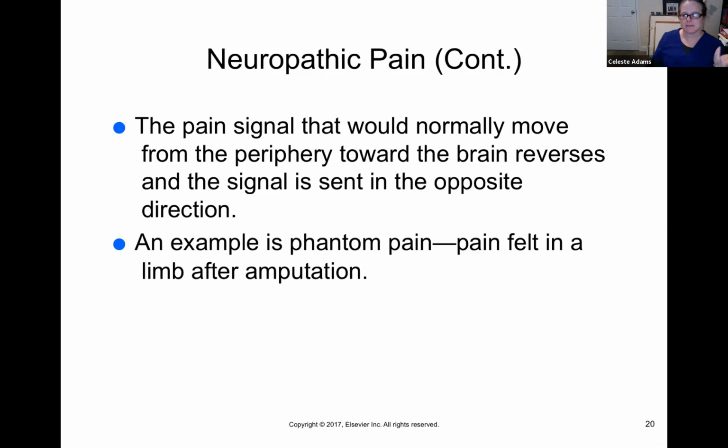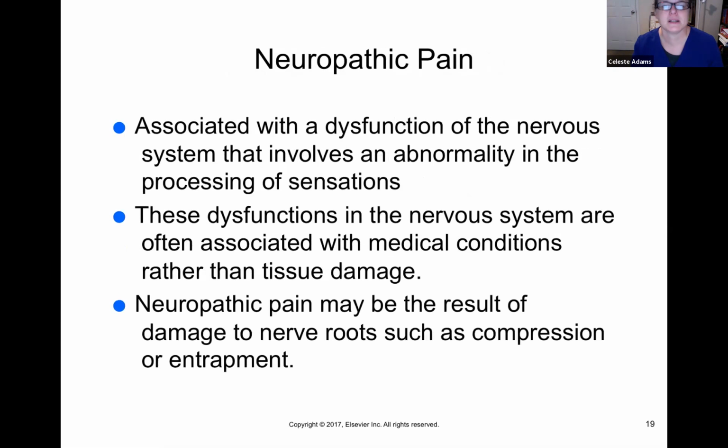Now, nerve damage itself would be more on the neuropathic side. Let's go back a few slides. Neuropathic pain is a dysfunction of the nervous system that involves an abnormality in the processing of sensations.